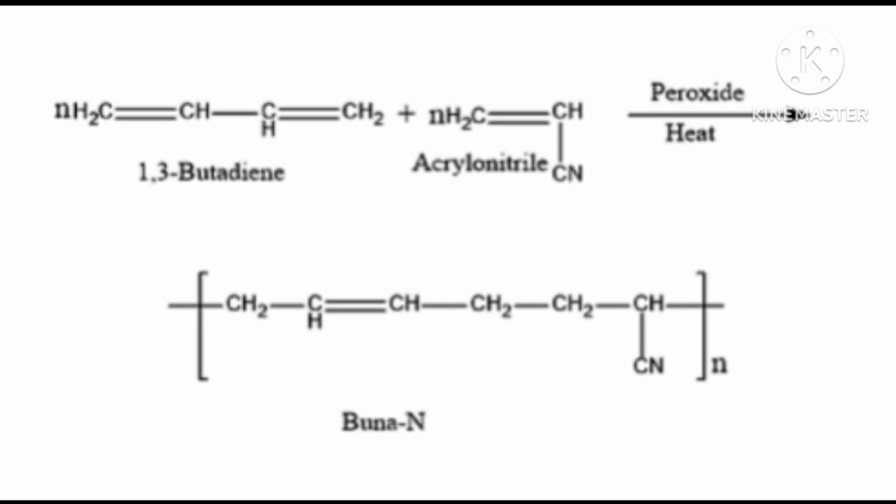Carbon 1 and 2 double bond becomes single, and carbon 3 and 4 double bond also becomes single. Then the first and last carbon will have open valency. This unit will repeat. In brackets you write it, and down you write a small n. Then it is called neoprene.